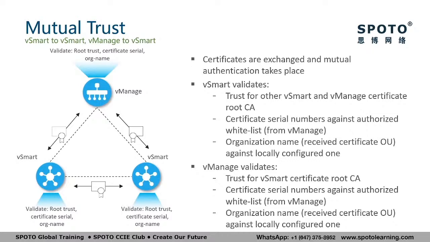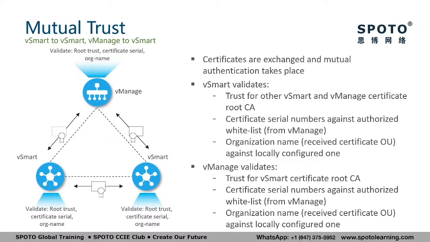Mutual trust between vSmart and vSmart, between vManage and vSmart. There are two parts as well. The first one is vSmart to validate the trust for other vSmart and vManage certificate root CA. Also to validate the certificate serial numbers against the authorized whitelist from vManage and the organization name that received the certificate, the OU, against the locally configured one.